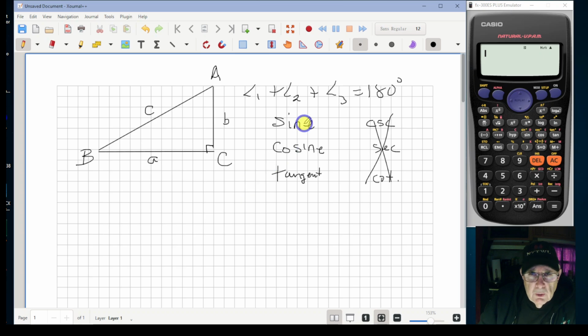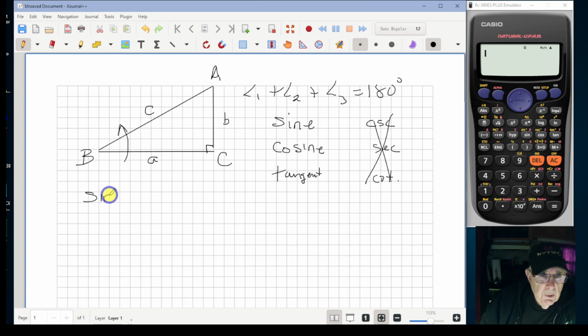Well, what are these relationships? They are ratios. The sine of an angle, and let's look at angle B here. The sine of angle B is the ratio of the side opposite B, which is little b, divided by the hypotenuse.